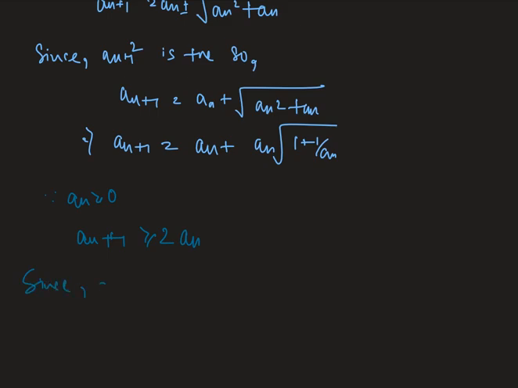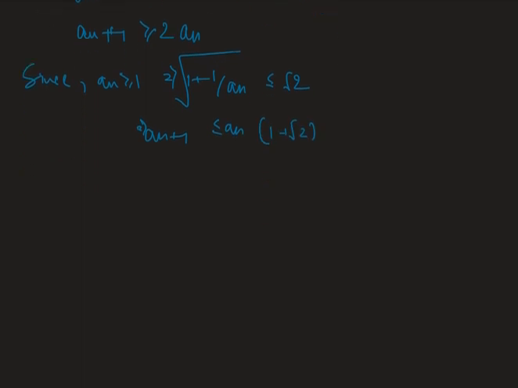And since a_n is greater than or equal to 1, this implies root over 1 plus 1 divided by a_n is less than or equal to root over 2, and this implies a_{n+1} is less than or equal to a_n multiplied by 1 plus root over 2. So 2a_n is less than or equal to a_{n+1}, which is less than or equal to a_n times 1 plus root over 2.